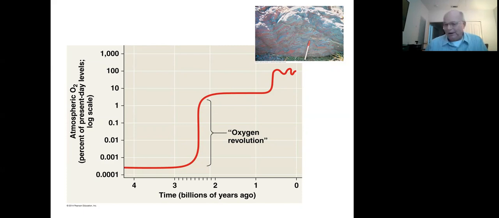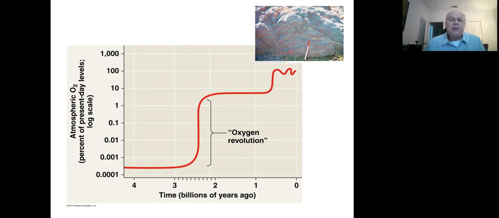We don't have any direct evidence for that, but logic dictates that if life is largely anaerobic at this point, and you get the introduction of large amounts of oxygen via photosynthesis, that is not going to be good. And so the vast majority of organisms probably died out at this point, simply because they could not cope with the oxygen.